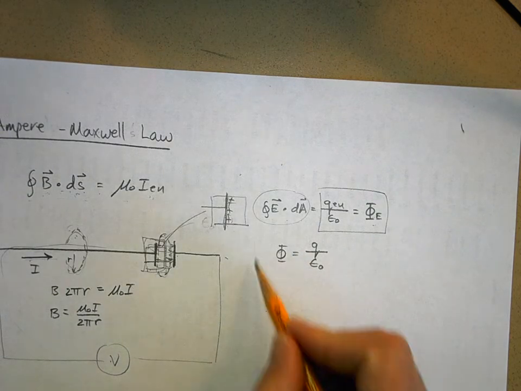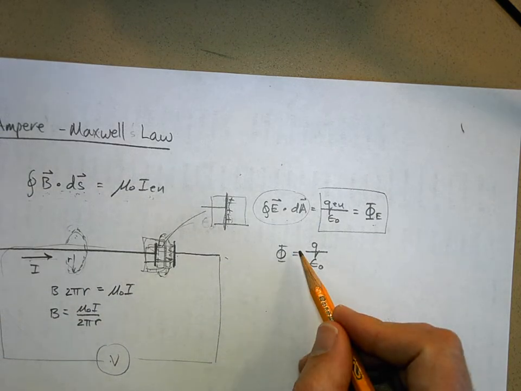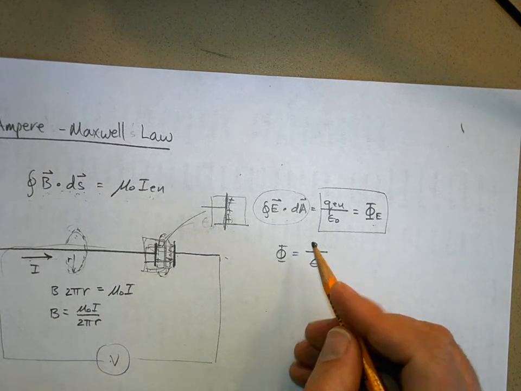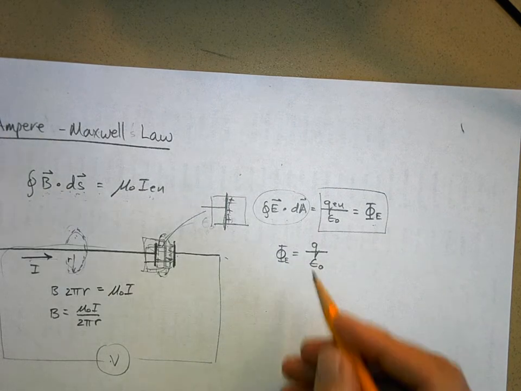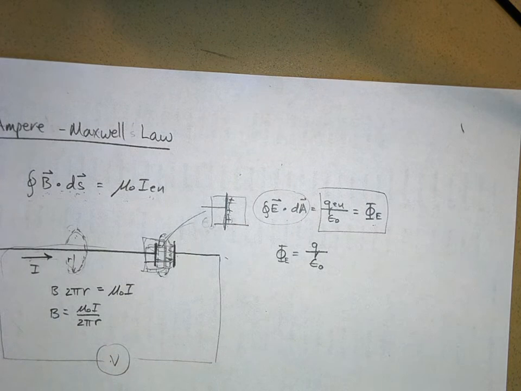I'm going to take the derivative of this. Okay? Now, don't get freaked out by math. When I take the derivative of it, I'm just saying, at what rate is it changing? Okay? Stay with me now.